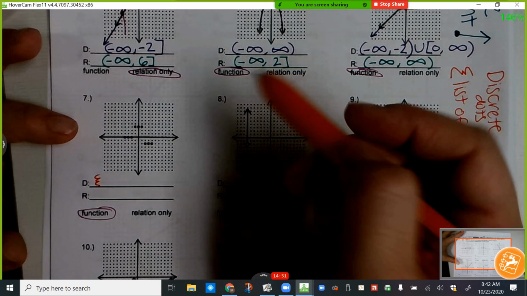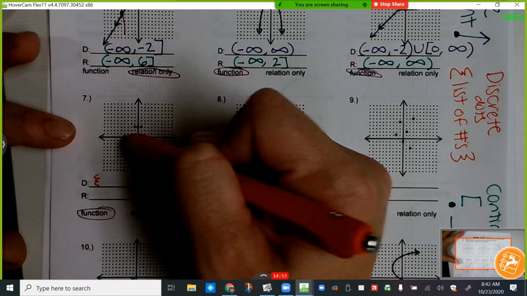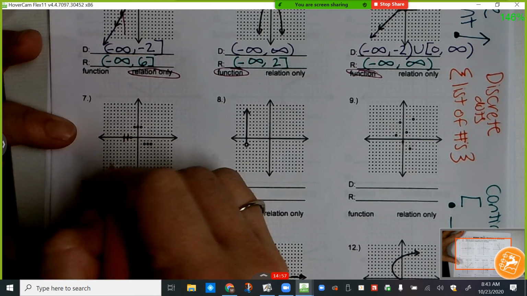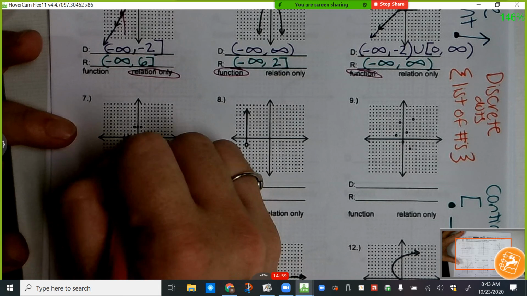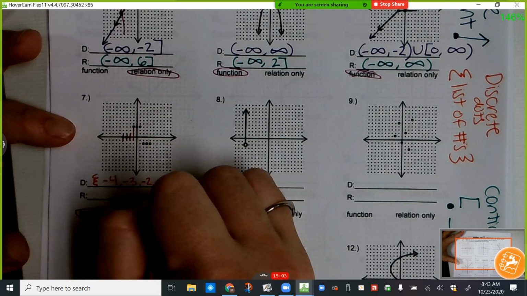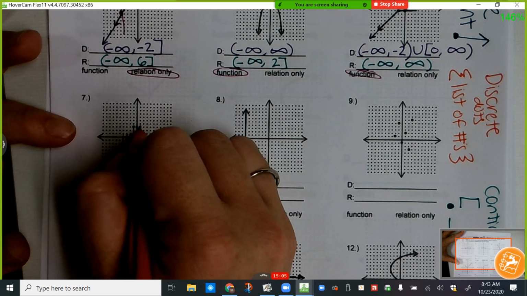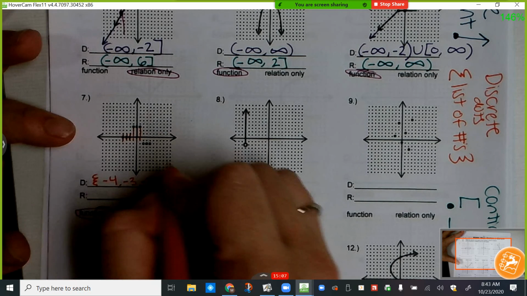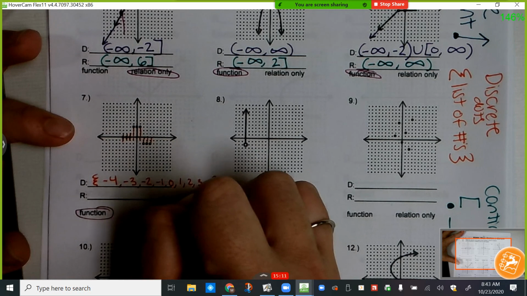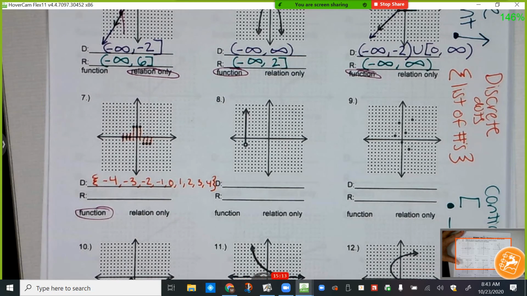So what's that furthest left dot? Negative 4. The next one? Next one? 0, positive 1, 2, 3, 4. And we list them all inside fancy brackets.